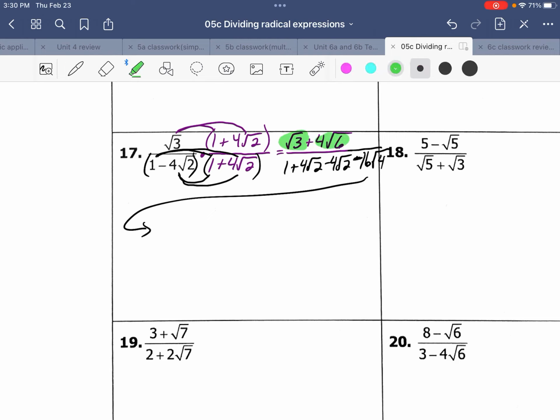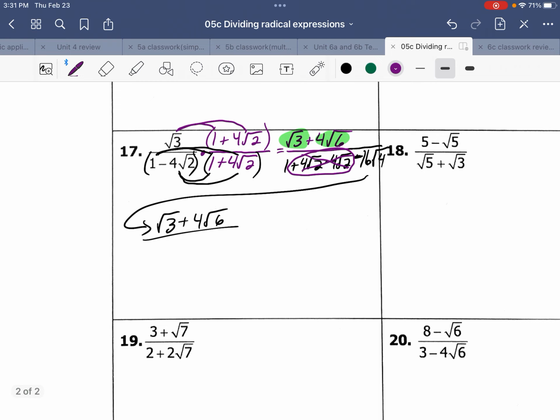Bring this down. What can we simplify? Anything in the numerator? Nope. Can't combine those, so nothing there. So square root of 3 plus 4 square root of 6 over. In the denominator, we do have our middle like terms. Those are opposites. They always will be when you're multiplying by the conjugate. Those will go away. In the last term, we have 16 square root of 4, and the square root of 4 is 2.